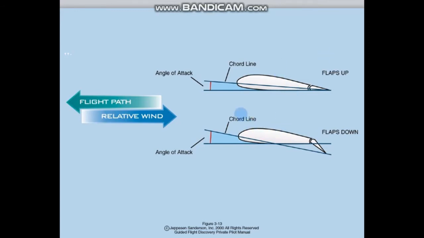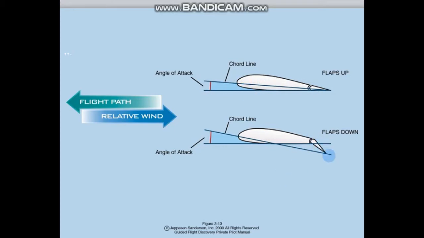When we see this figure together, we find here the flap, and it's located on the trailing edge. When the flap deploys, the angle of attack, as we see here, increases. And here the flap is retracted, so the angle of attack does not increase.